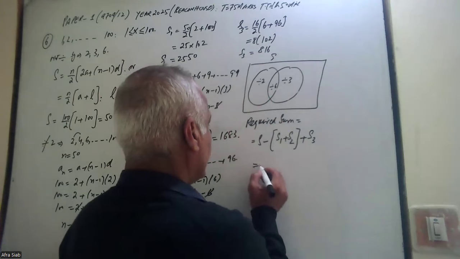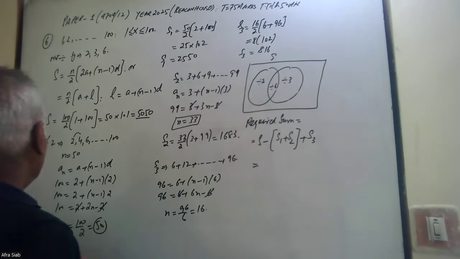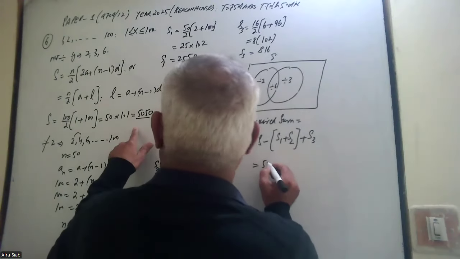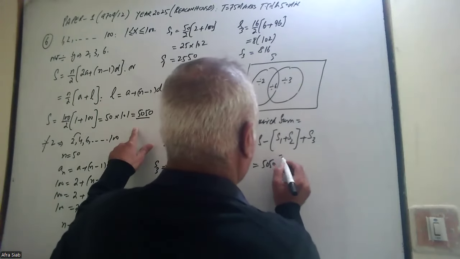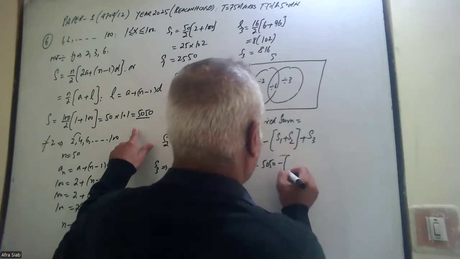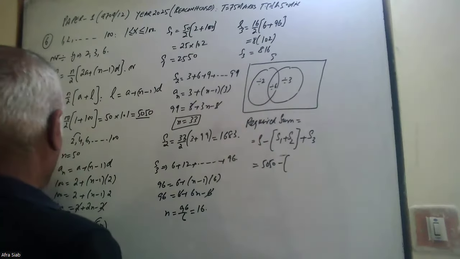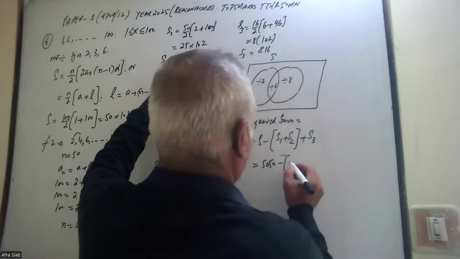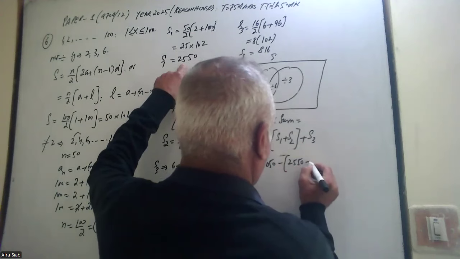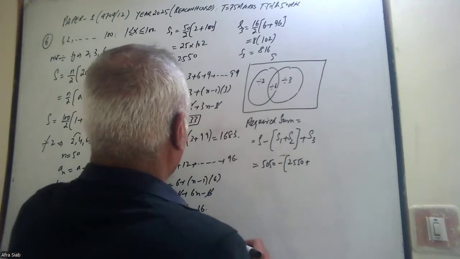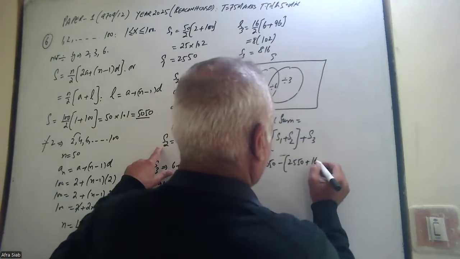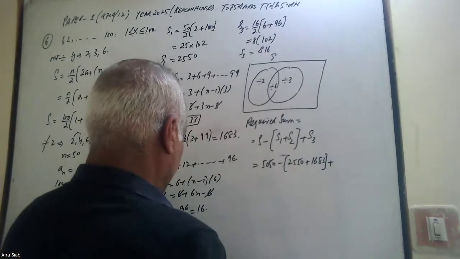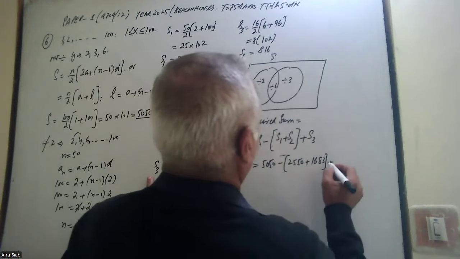So S value is equal to 5050 minus S1 list there is 2550, minus S2 list there is equal to 1683, plus S3 list is equal to 816.